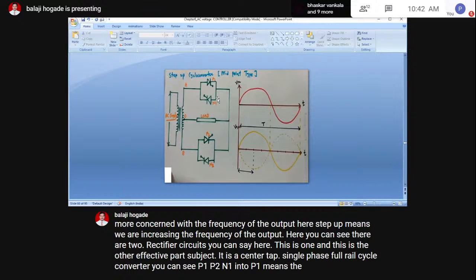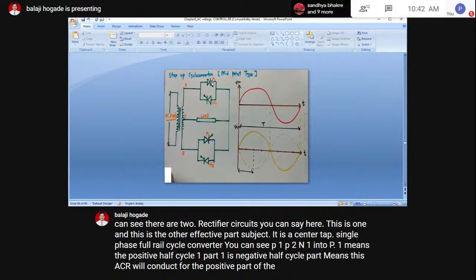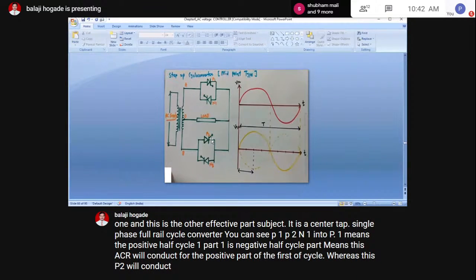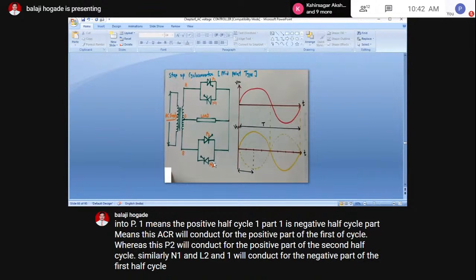P1 means the positive half cycle, first part, N1 is the negative half cycle part. This SCR will conduct for the positive part of the first half cycle, whereas P2 will conduct for the positive part of the second half cycle. Similarly, N1 will conduct for the negative part of the first half cycle and N2 for the negative part of the second half cycle.